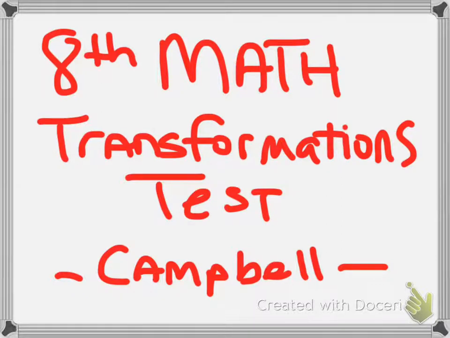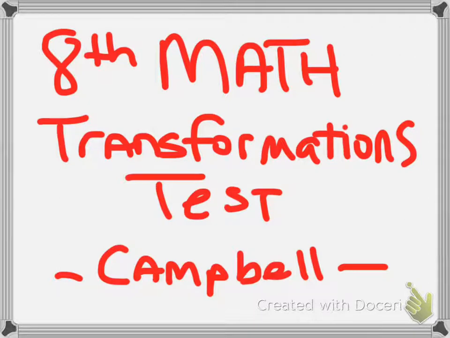Number 6, a pentagon MNPQR is shown on the coordinate grid. The pentagon MNPQR is dilated with the origin as the center of dilation using the rule (x, y) goes to (1/4 x, 1/4 y) to create pentagon M'N'P'Q'R'.